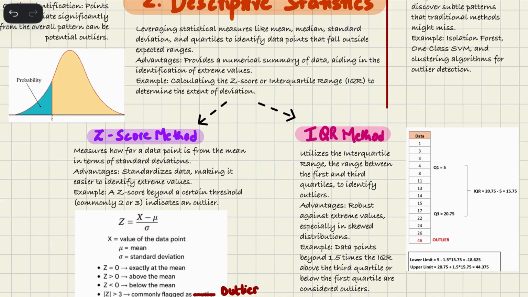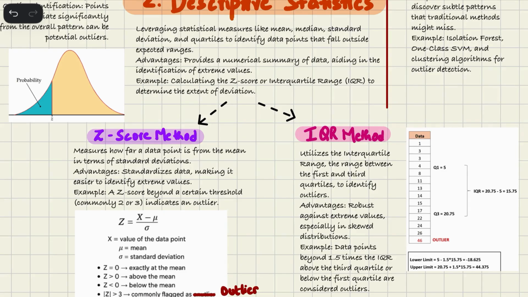All right, so if the z-score is 0, that means it is exactly at the mean. If the z-score is greater than 0, it is above the mean. If the z-score is less than 0, it is below the mean. And if the z-score is greater than 3, it is commonly marked as an outlier, right?